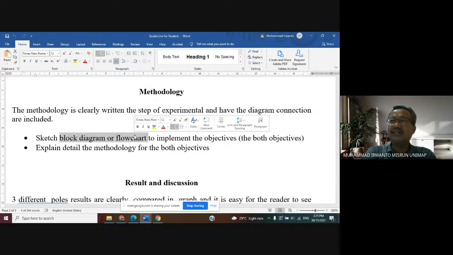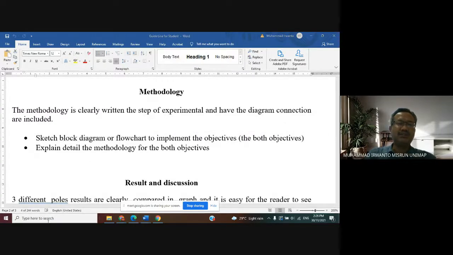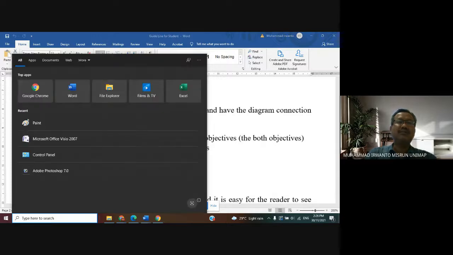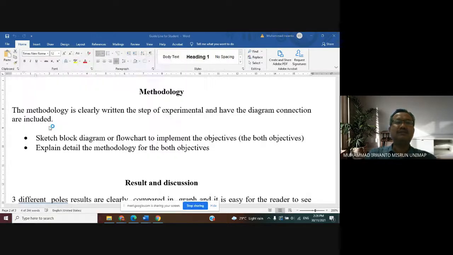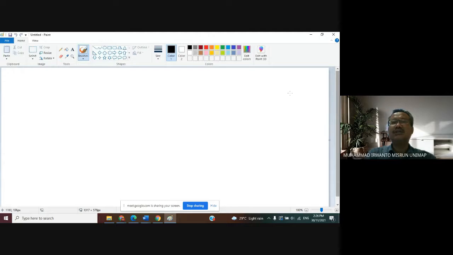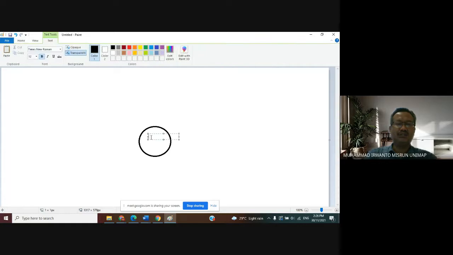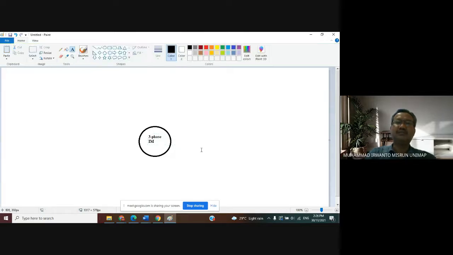Okay, let me discuss the methodology a little. For example, like this one. This is the symbol for a 3-phase induction motor.